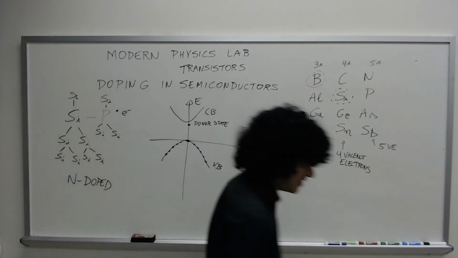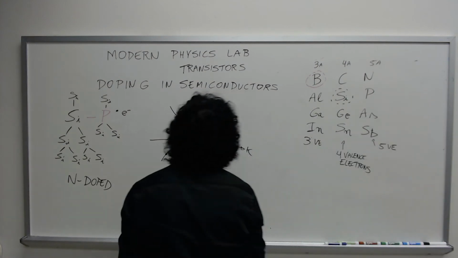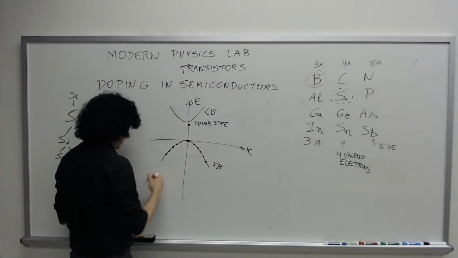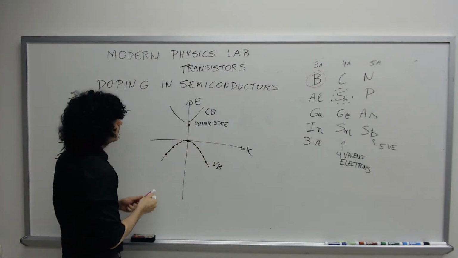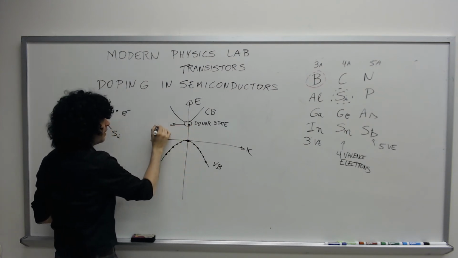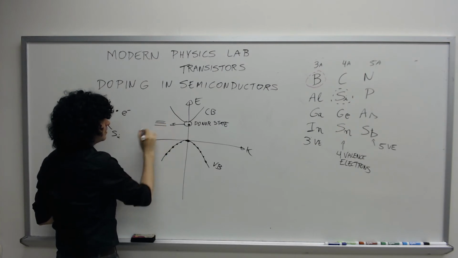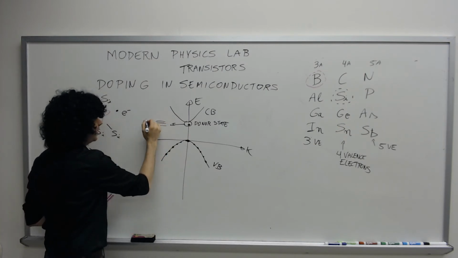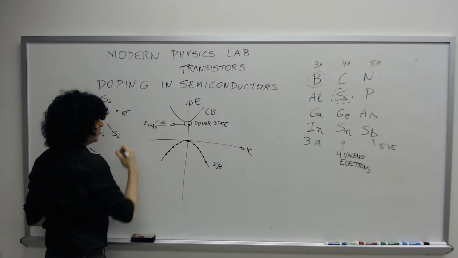That means that the donor states, if you zoom in here, you have several states, and they follow the Bohr relationship.